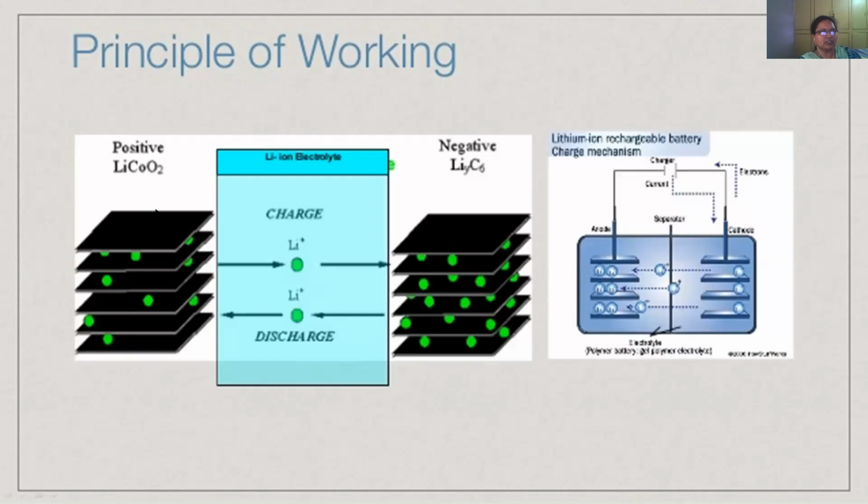You can see here all these are the layers. Within the layers the lithium ions can be inserted or extracted, so it is shown as charging this side, discharging this side.